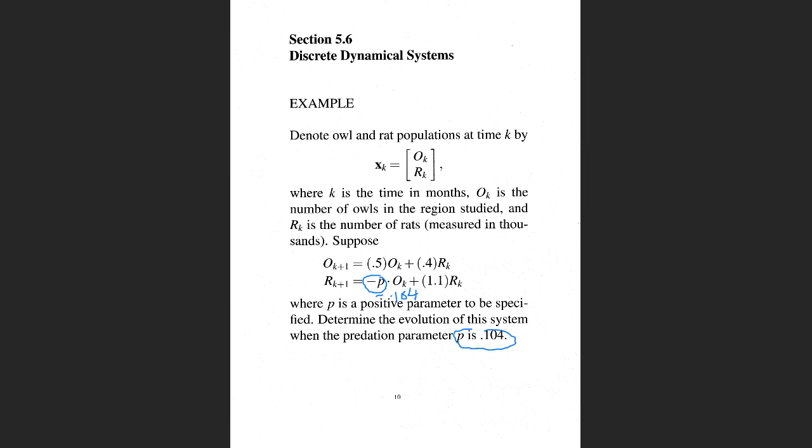Okay, negative 0.104. So why would that value be negative? Why is this coefficient negative in front of the owls?